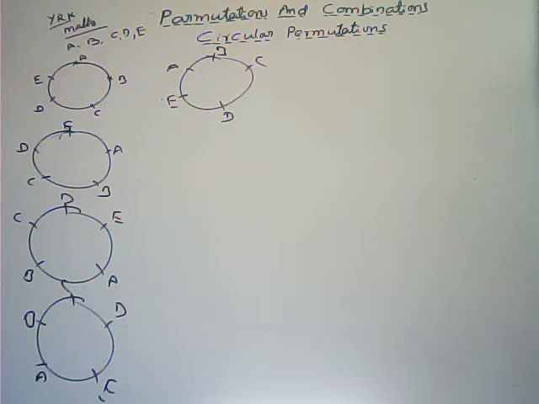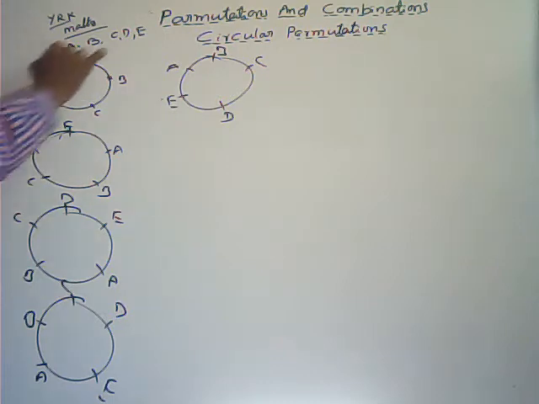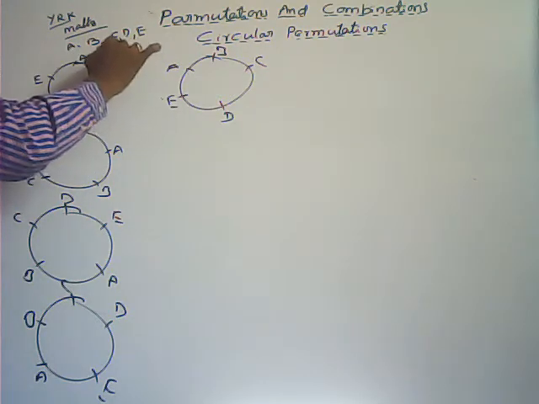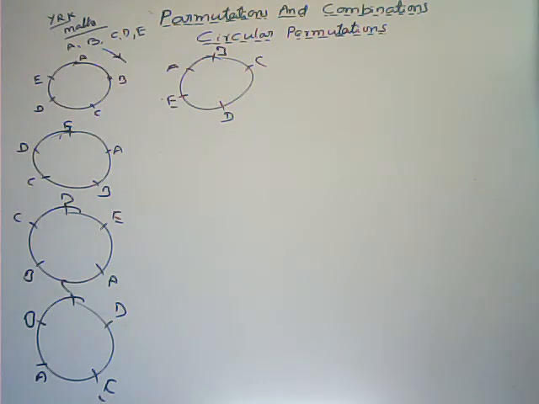Now here you can see what I am saying. There is no restriction, no rule about where to observe from, and we observe things in one direction, either clockwise or anti-clockwise. Generally we observe in the clockwise direction. There is no starting point and no ending point in circular permutations, but in linear permutation we know the first position and the last position.